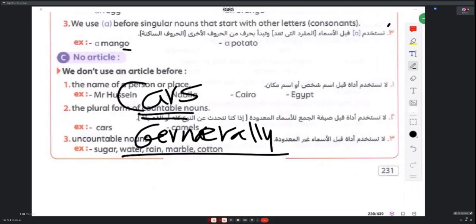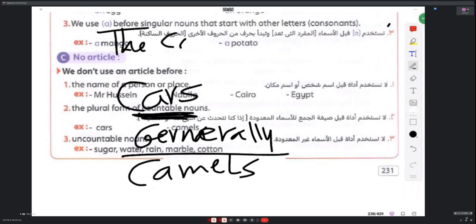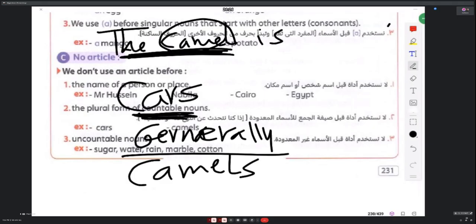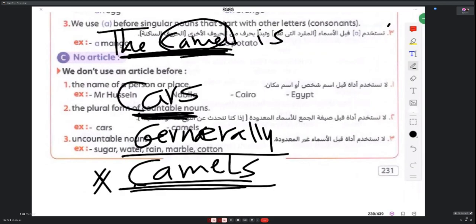When I say cars, I mean all cars. Camels, all camels. But I can say the camel, and here I mean all camels also. Either I say the camel with a singular to talk about camels generally, or I can say camels without the or a or an to talk generally.